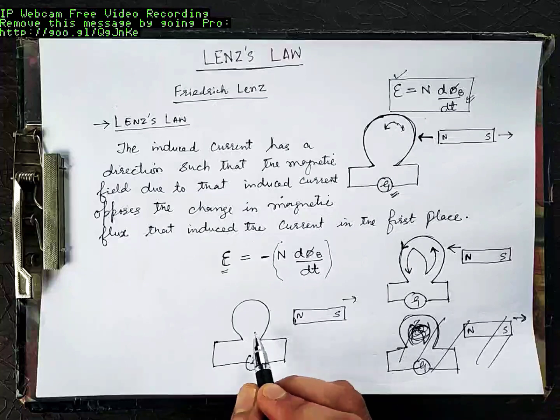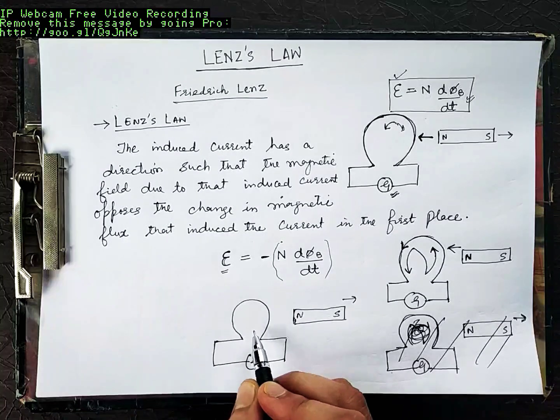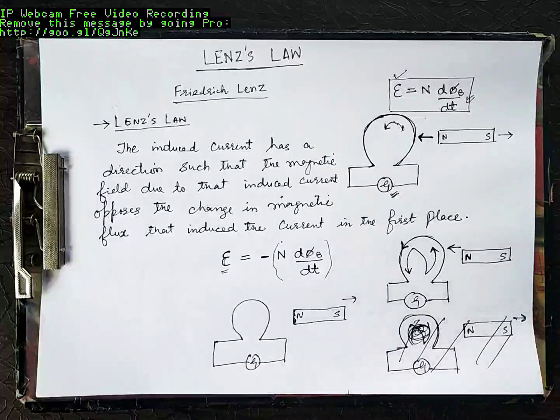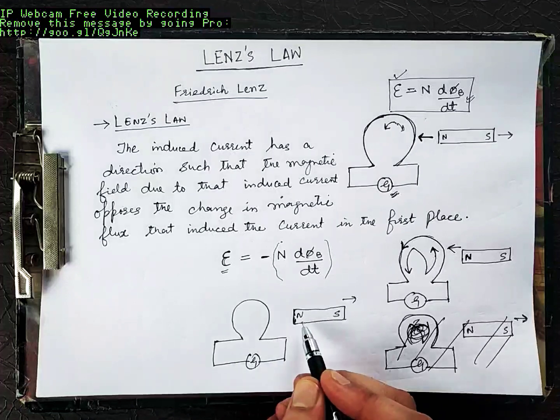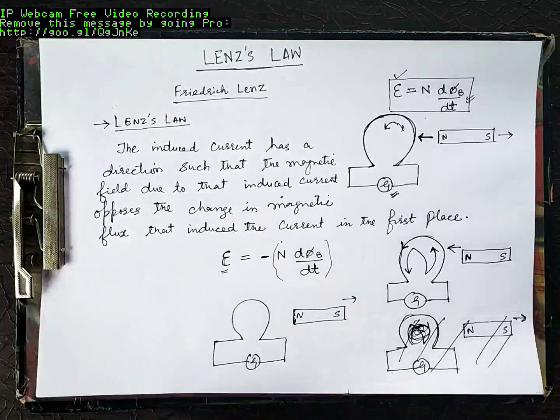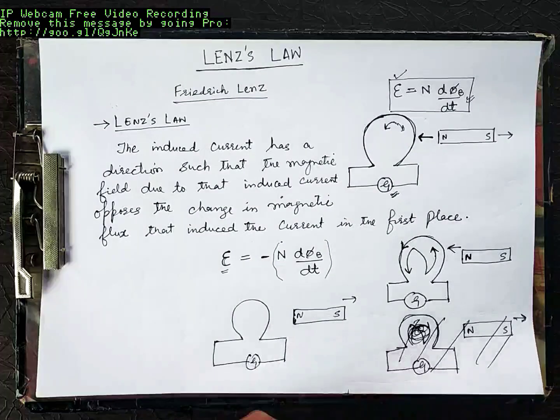That current will be in such a direction that it opposes the decrease in flux that originally caused it. How can it oppose the decrease in flux? If it can somehow attract this north pole back towards the coil.